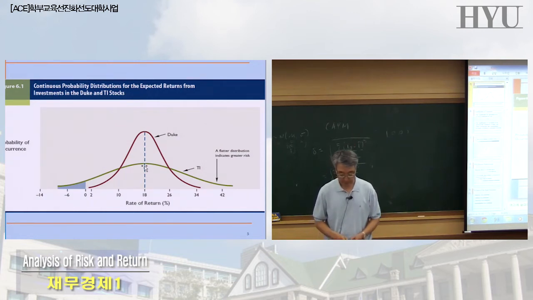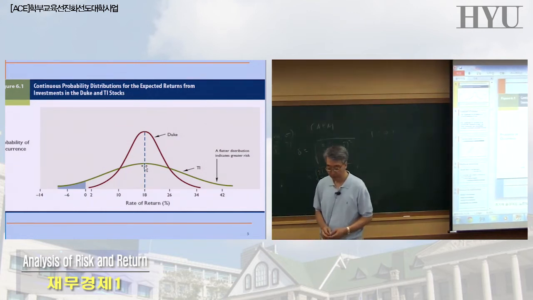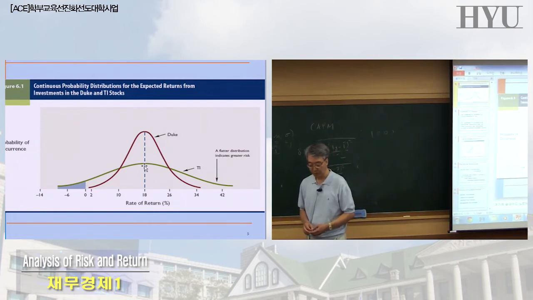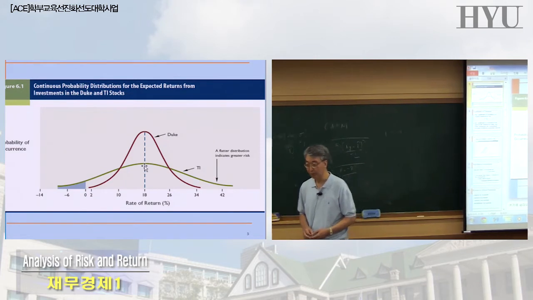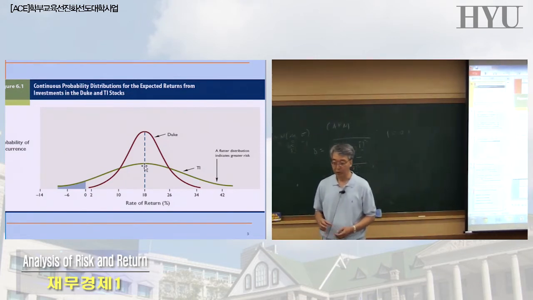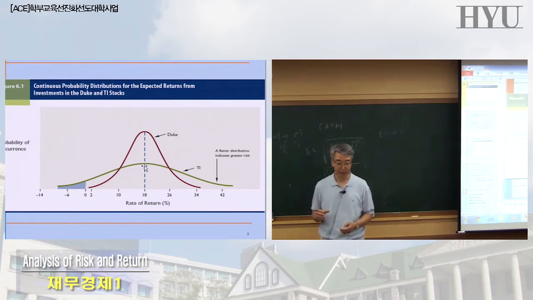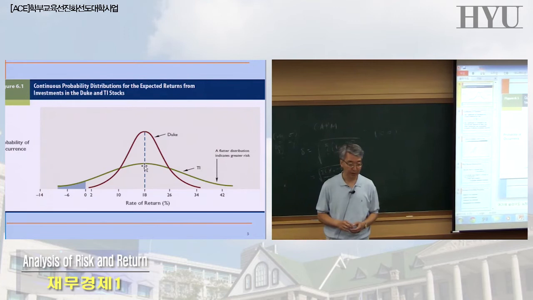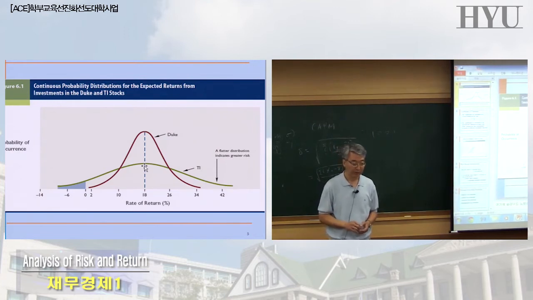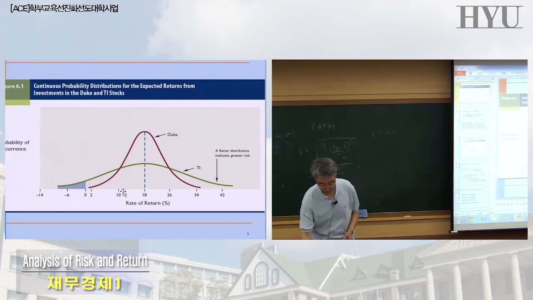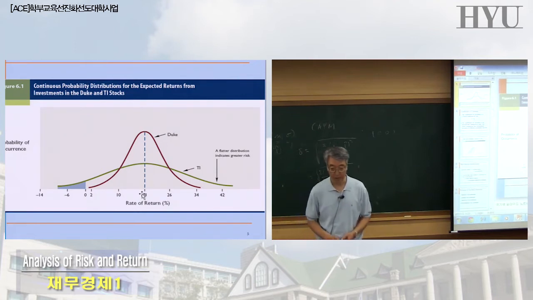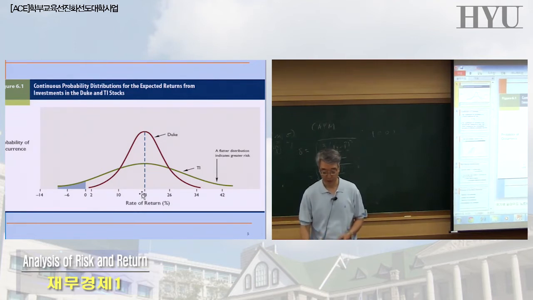There are certain conditions you can satisfy to be able to use normal distribution, like the central limit theorem. Typically, as long as you take a sample of 30 observations, you can assume that the sampling distribution of the expected return is normally distributed, even if you have no idea what the actual distribution is for the actual stock returns.